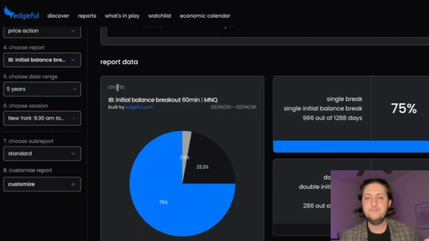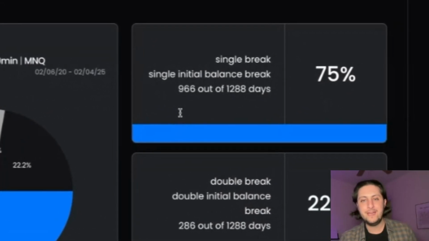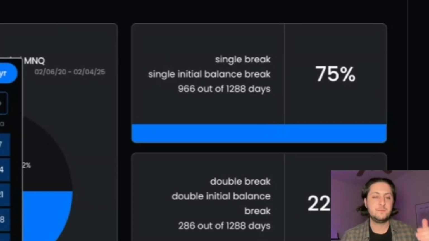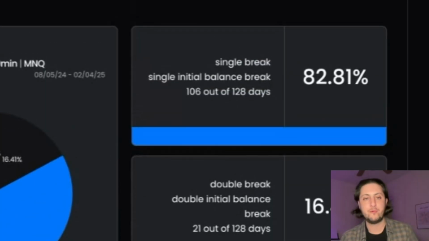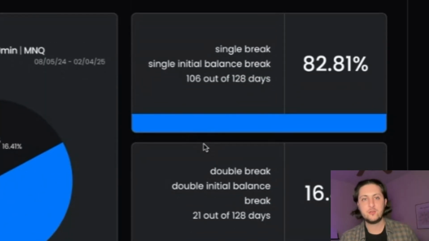So for the last 5 years, the NASDAQ only breaks the initial balance in one direction 75% of the time. So this is consistent over a long time horizon, but especially in the last 6 months, we're having over 82% probability in getting this directional bias.